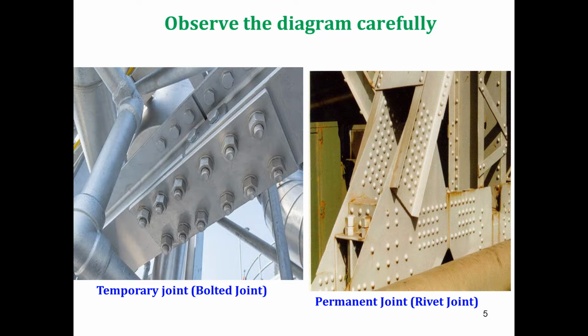Can anyone tell me what the left side diagram is and what the right side diagram is? The left side is a bolted joint. Okay, I can see that the left side diagram represents a bolted joint and the right side diagram represents a rivet joint.